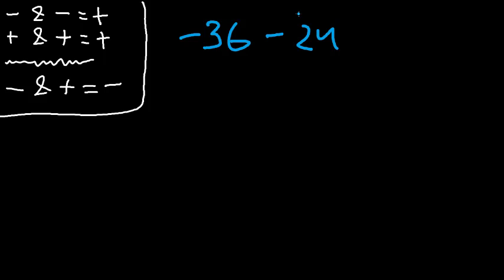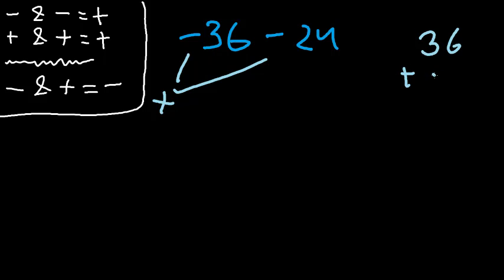So we can just work it out like how we were doing before. So we see that a negative and a negative, the negative before the 36 and the negative before the 24, those two negatives, they equal a positive according to the box. So we're going to make it a positive, and remember, we're just going to keep it in mind.